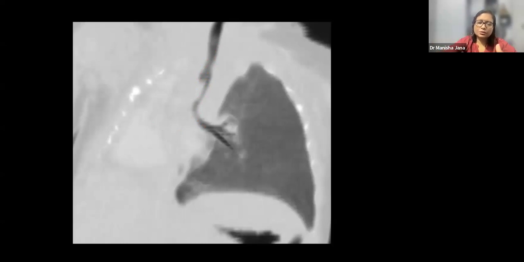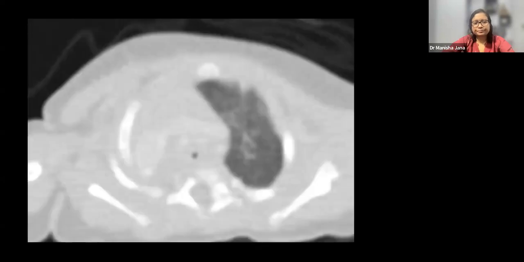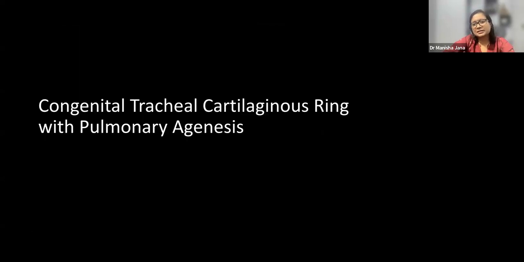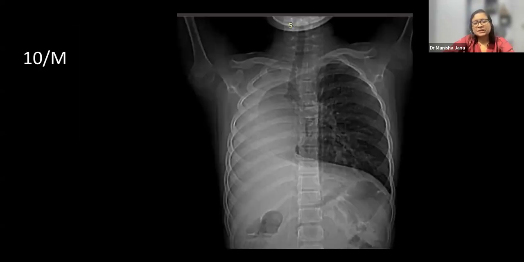So viewing the sections in all windows and in all possible reformats is very important, so we don't miss anything. Again, a similar appearance of a round and narrow shape. So this is a congenital tracheal cartilaginous ring.